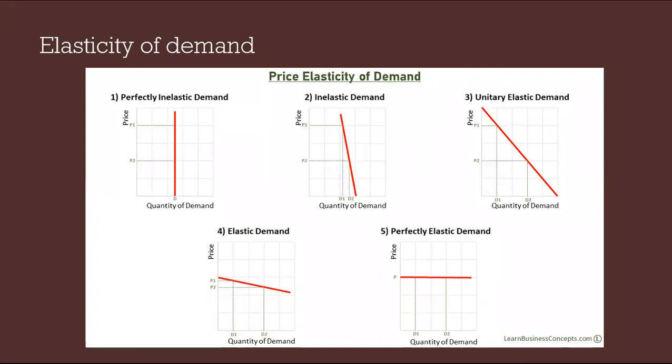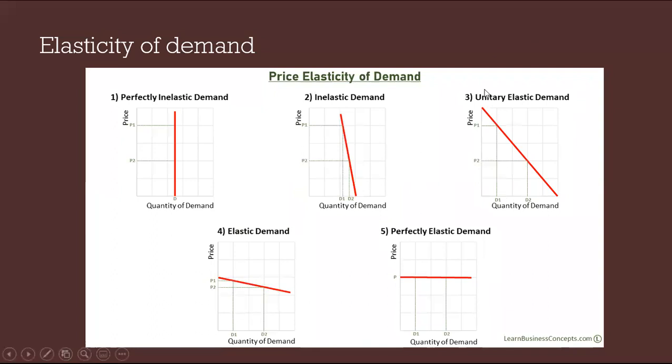When I say that an item is inelastic, it means that the good has quite stable demand while the price is fluctuating, like the price of gasoline or fuel. We know that the price is rising worldwide, but the demand is not changing very much.